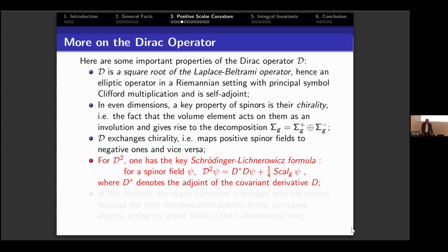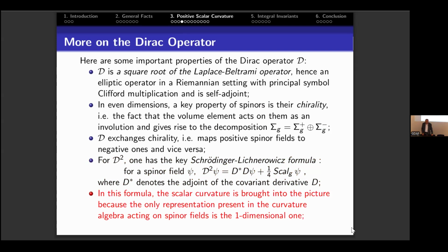Of course, this theoretical approach telling you that only the scalar curvature can appear doesn't tell you the coefficient. What's very important about the coefficient is that it's in fact plus 1/4. If it was minus 1/4, it would change a lot of things. Anyway, that's the key formula.